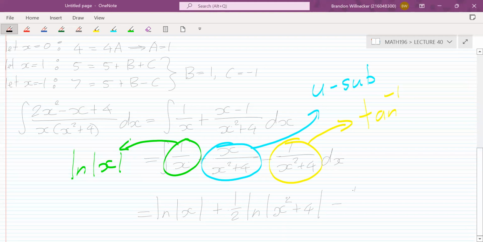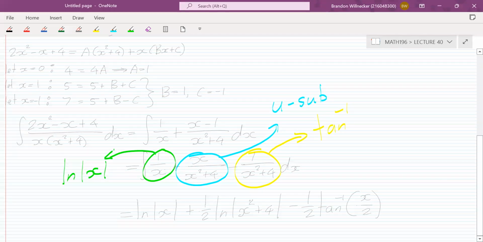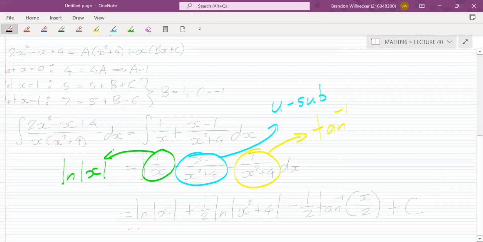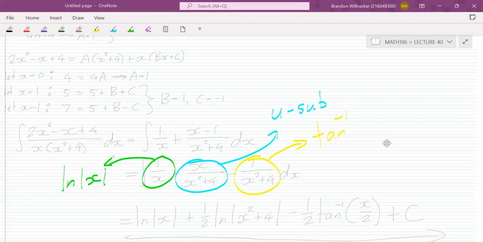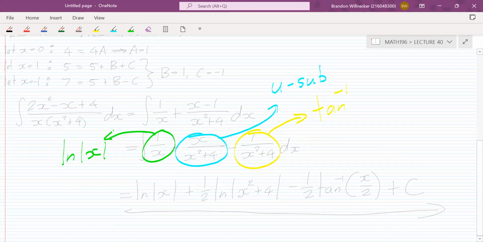That's going to be minus 1/2 tan inverse of x over 2. I'll let you check that one out as well. Plus C. Once you've done your partial fractions and separated it out, you just need to integrate each of the terms and then add it all together.